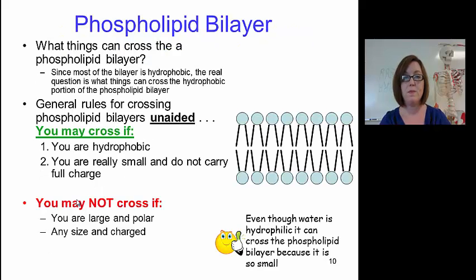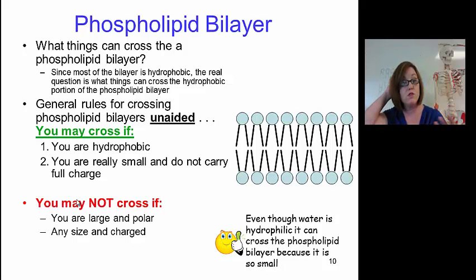Okay, so I want to talk about what things can cross a phospholipid bilayer. So we've already established that the majority of the phospholipid bilayer is hydrophobic. Roughly about 70% of the phospholipid bilayer is hydrophobic. So the real question becomes not what can cross the phospholipid bilayer, but what can cross the hydrophobic portion of the phospholipid bilayer.